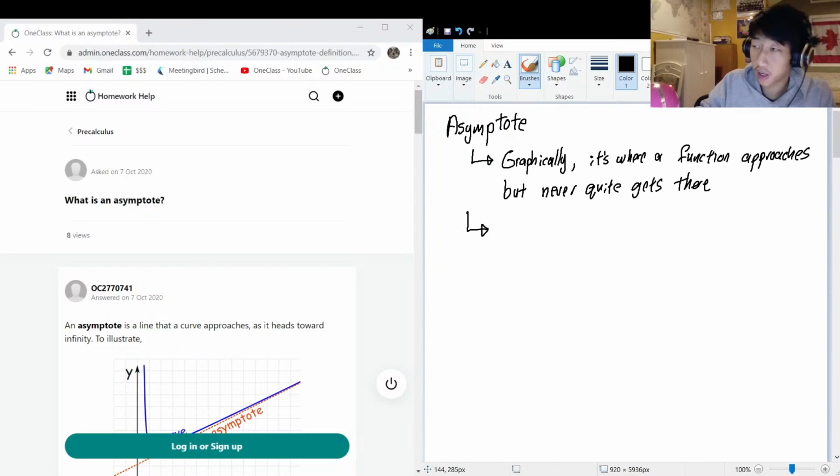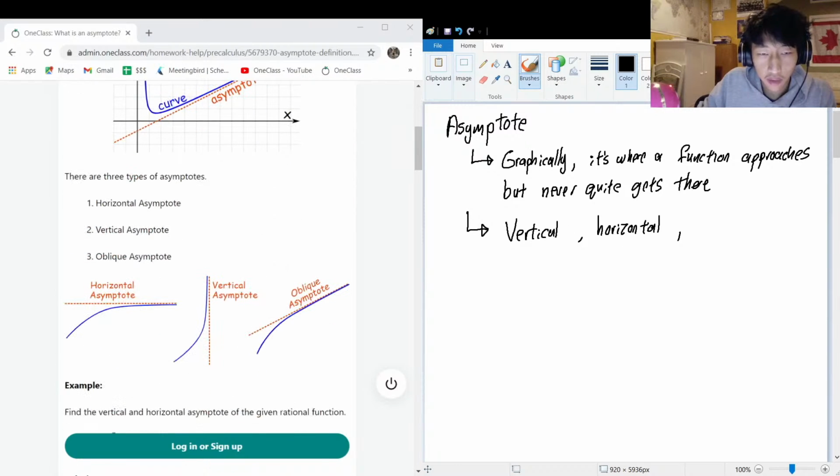They are usually caused by, or there are a couple different types. Before I mention what their causes are, there are vertical, horizontal, and I think it's, how do they call it?